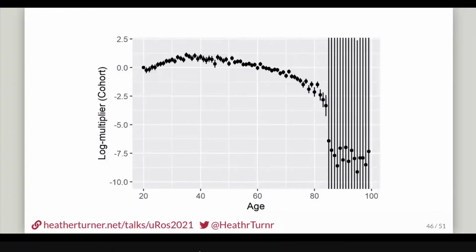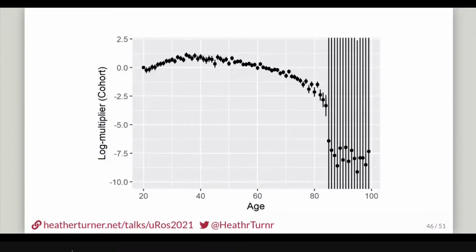So for ages above 85 or 86, there's a lot of uncertainty in what the log multiplier is. But for earlier ages where we have more data, we get quite tight confidence intervals. We can see a general pattern where the log multiplier is gradually increasing until about age 35, and then it starts to decrease.